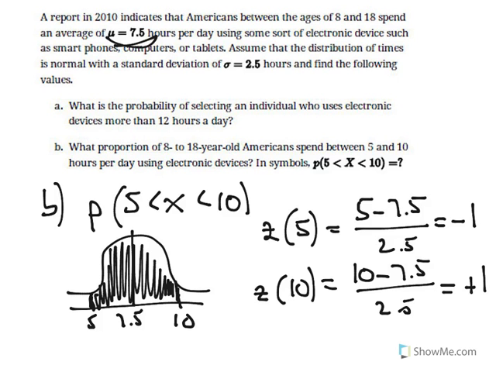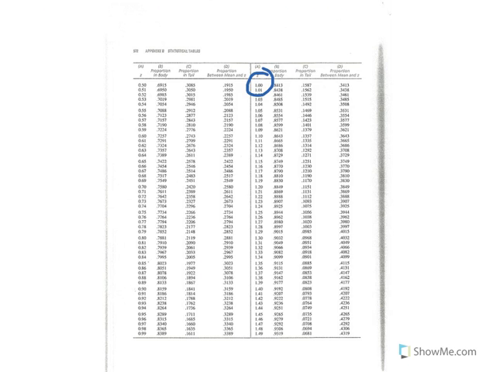This is the mean, and this is the z-score of +1, and this is the z-score of -1. So now we're looking for the body between the mean and the z-score, both times for 1. This is how you read it.